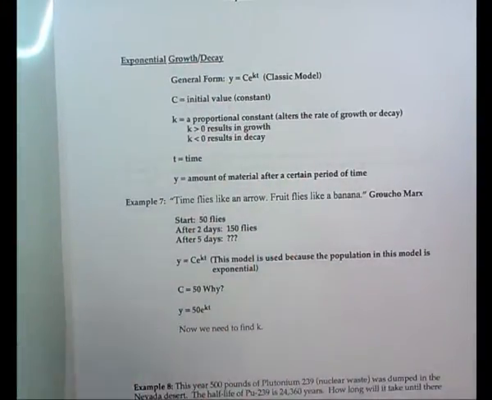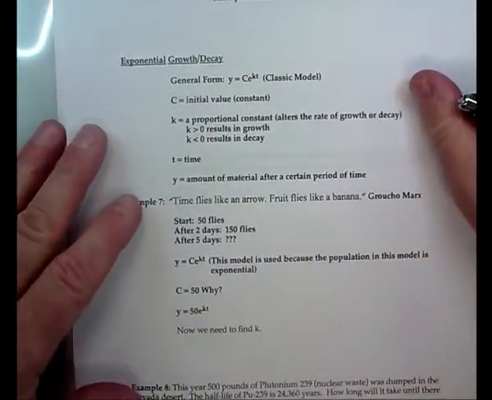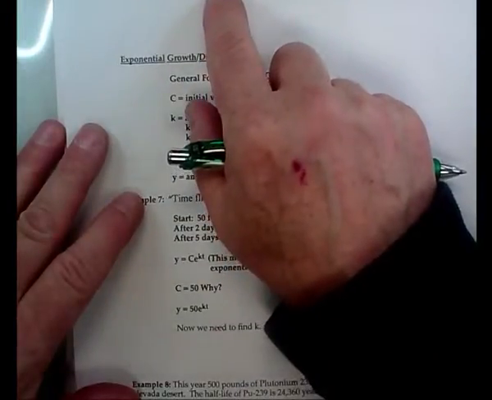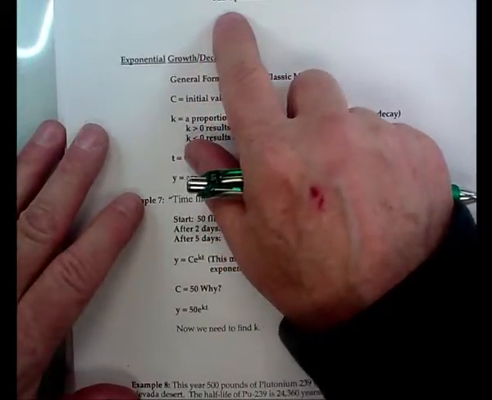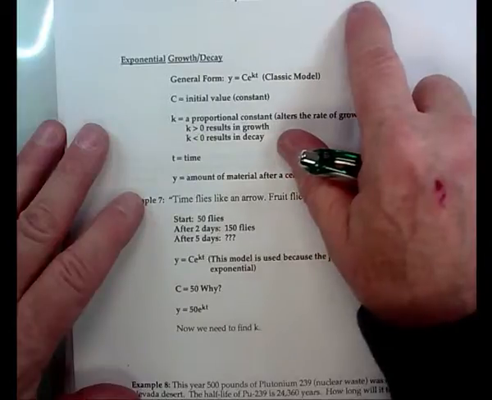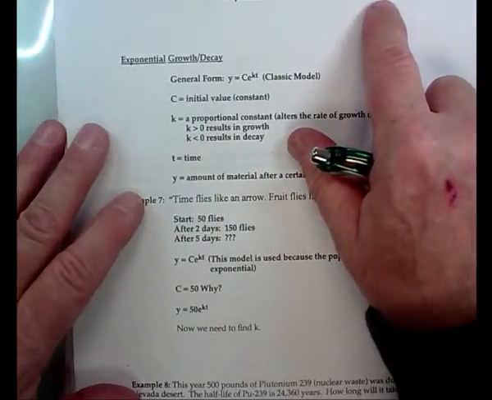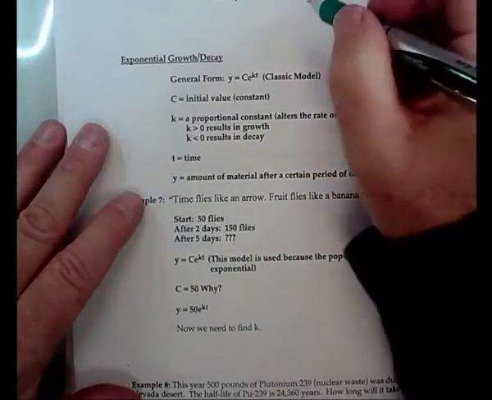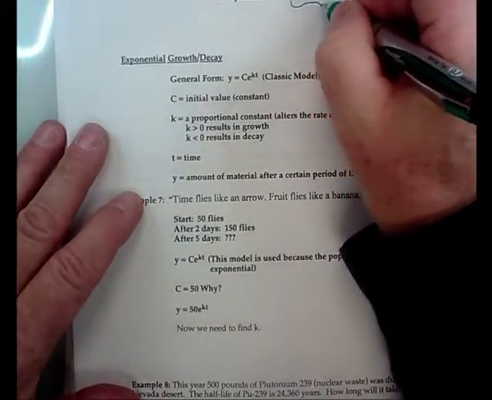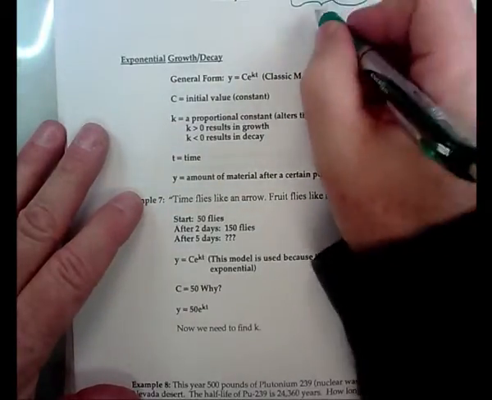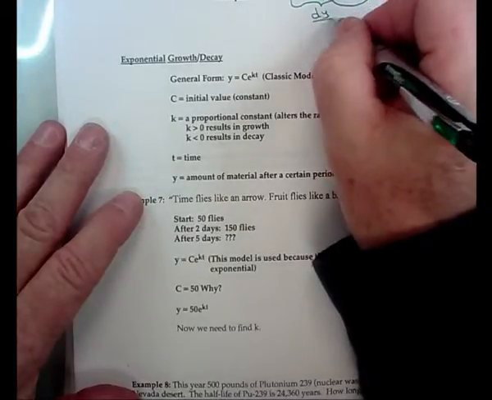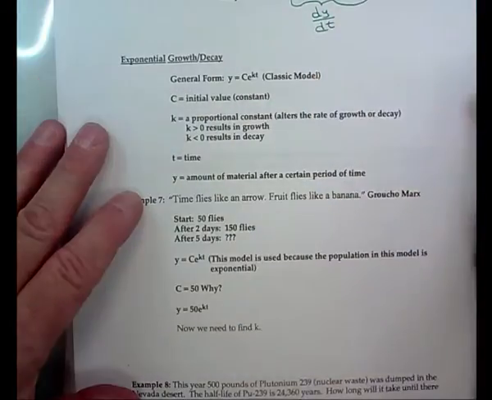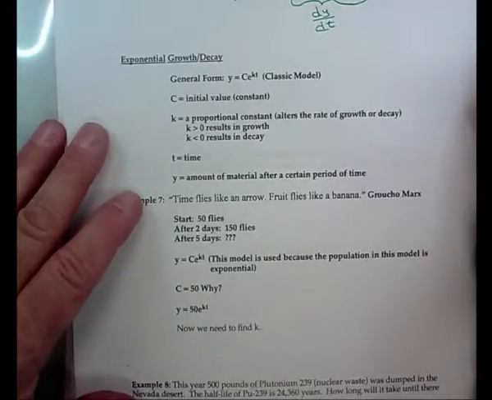All right, so this is a very, very common question, where the question will read, the rate of change of y is proportional to y, okay, that type of thing. So the rate of change of y is always going to be this form, dy dt. It's a derivative with respect to time.